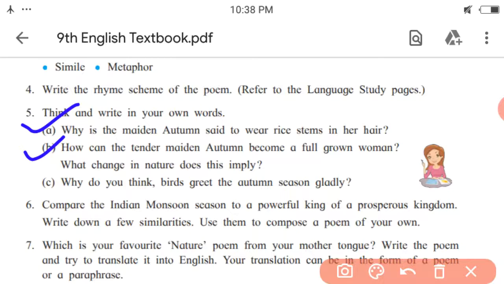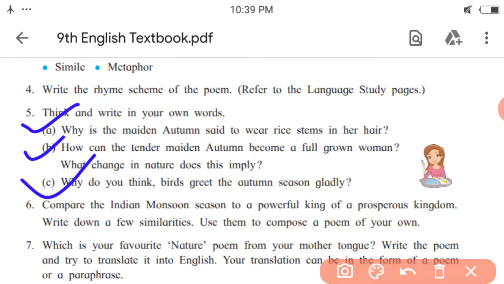And one day, the tender, beautiful surrounding becomes fully grown, beautiful nature in that autumn. What change in nature does it imply? That is, the days of autumn pass, or the season of autumn progresses.